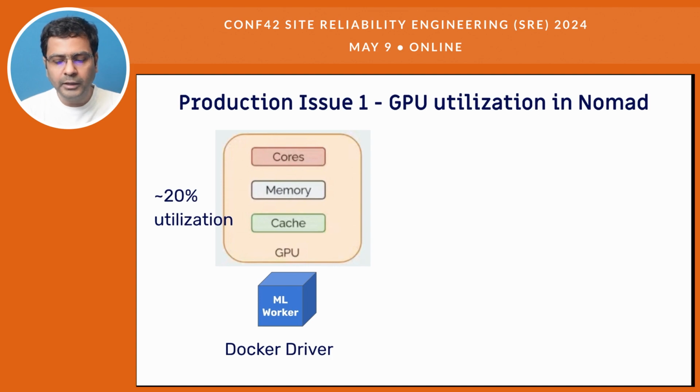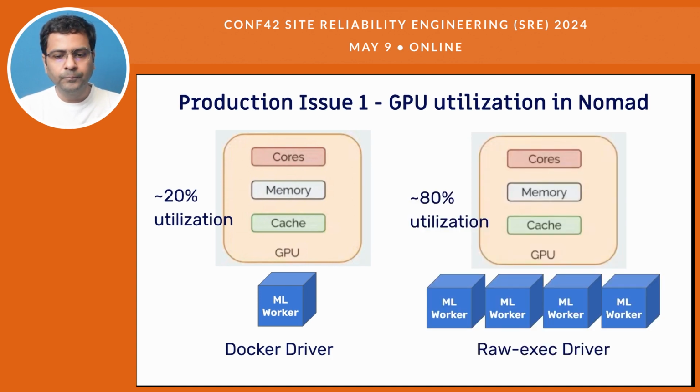Later we discovered a workaround: instead of using the Docker driver, we use the raw exec driver, which allows you to run any kind of component. It doesn't guarantee anything, so you have to worry about a lot of scheduling yourself.